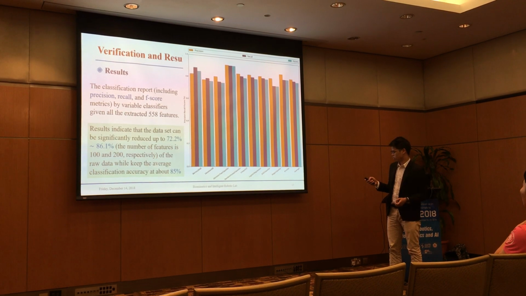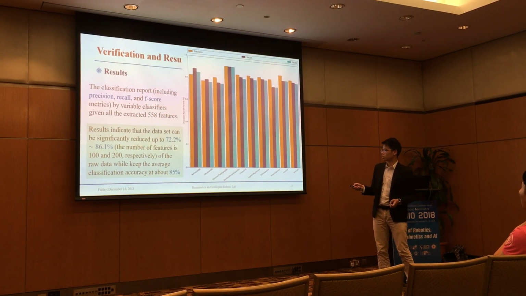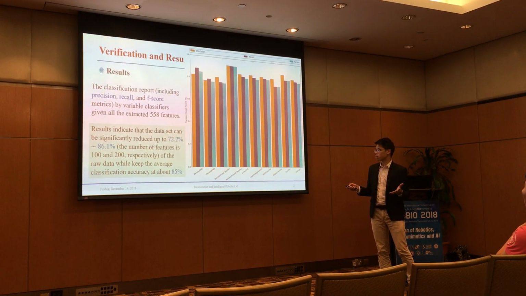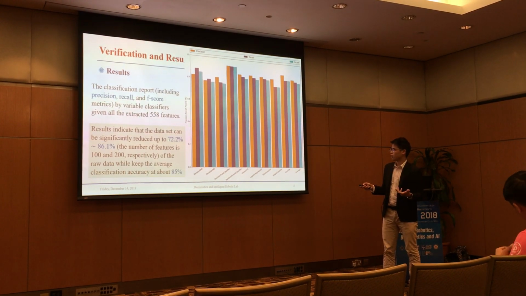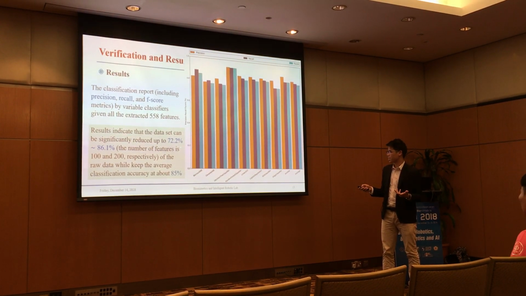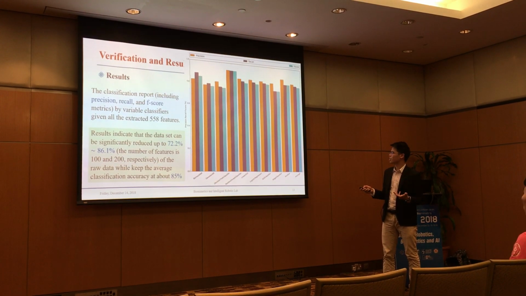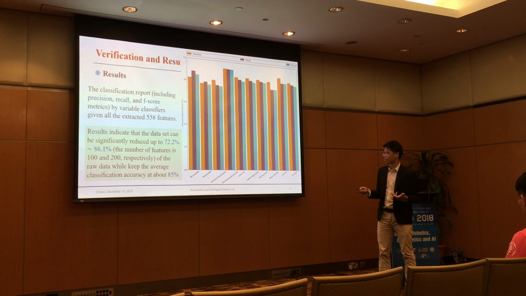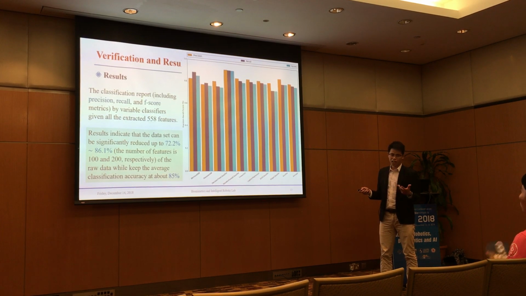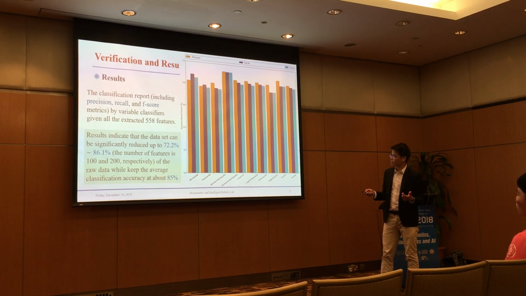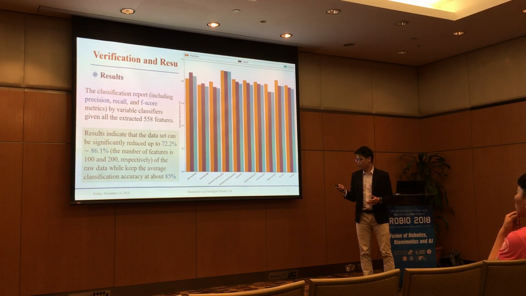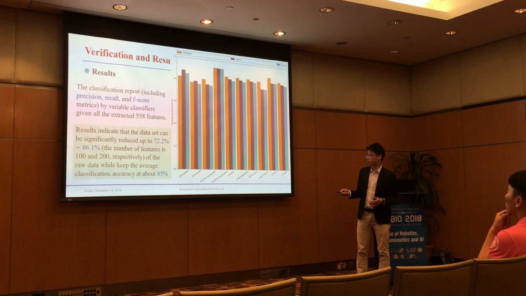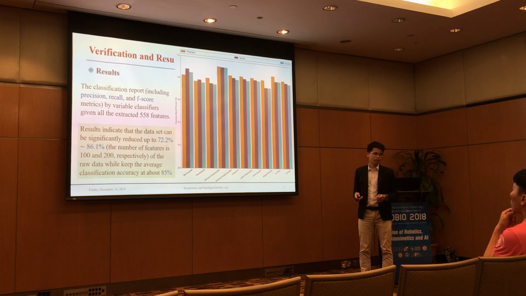Finally, we get the conclusion that our proposed method can easily reduce the features from 72.2% to 86.1%. And finally, the average classification accuracy is about 85%.